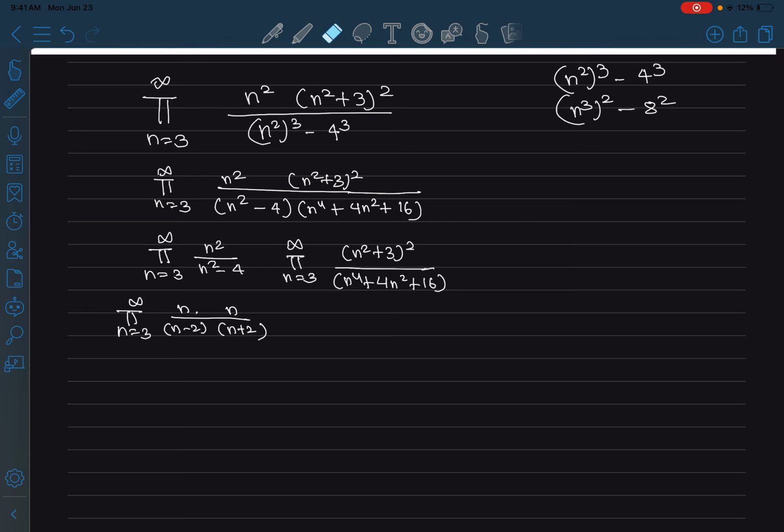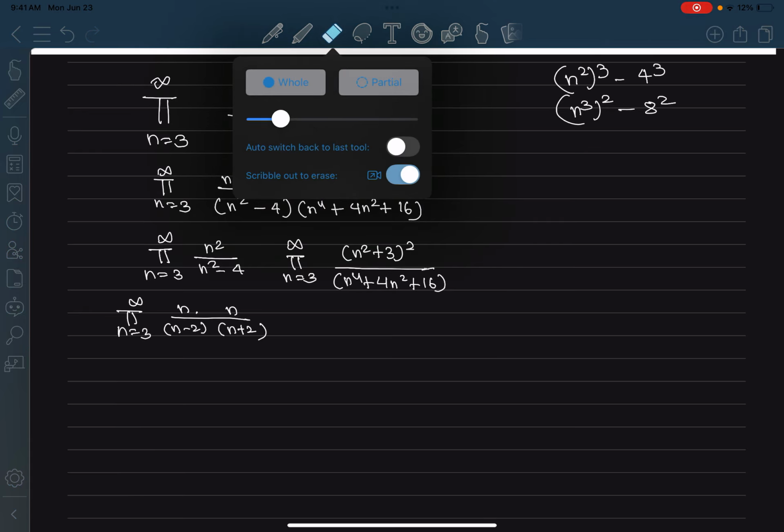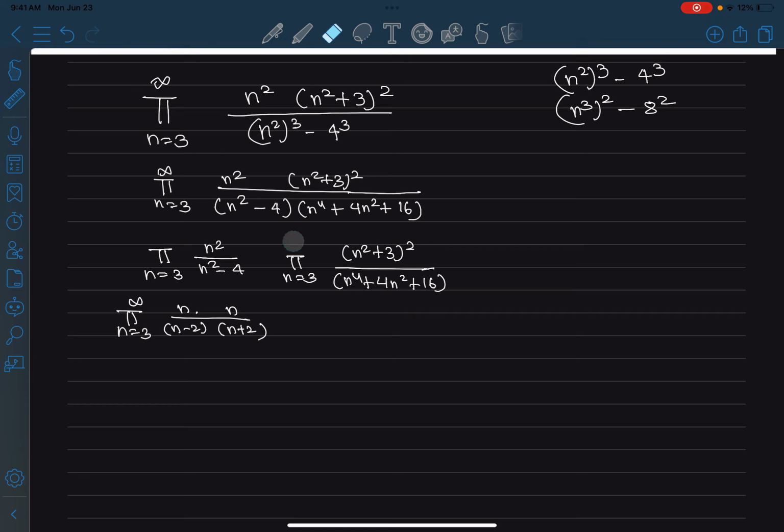So what I'm going to do is substitute these limits by capital N and let limit capital N go to infinity. Now also let me break these into two different products.